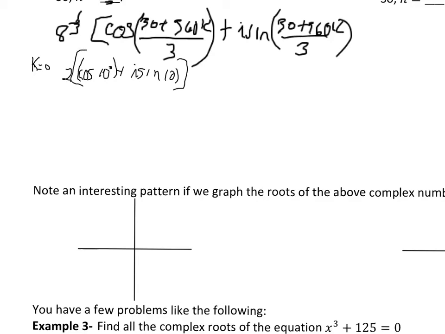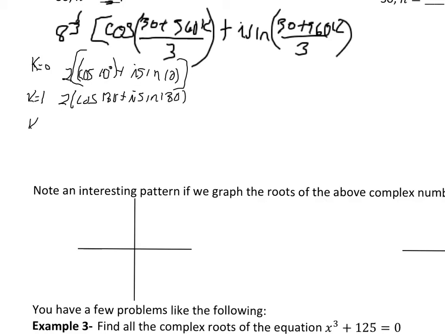If we do k is 1, then we get 2 times the cosine of 30 plus 360, which is 390 over 3, which is 130, plus I sine 130.